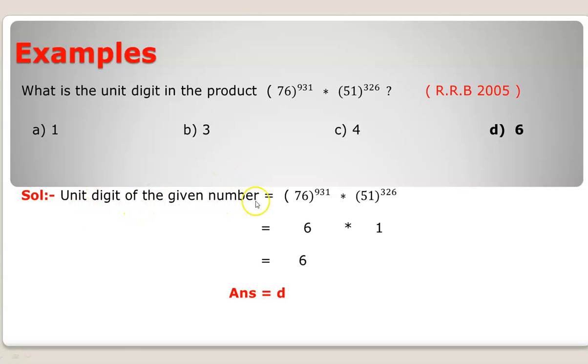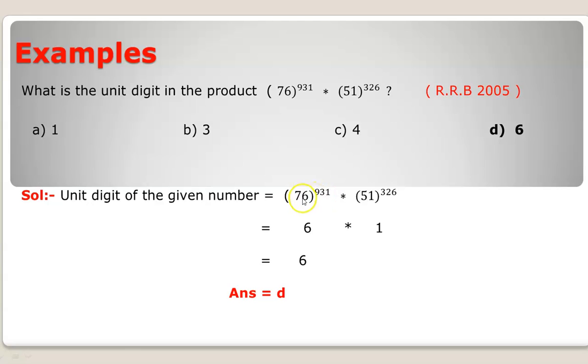So the unit digit of the given number 76 to the power 931 into 51 to the power 326. By using this note, I repeat again, if the unit digit of the base is 0, 1, 5 and 6, for any power, the answer will be the same. Means 6 to the power any number, the unit digit is always 6. 1 to the power any number, the answer will be 1.